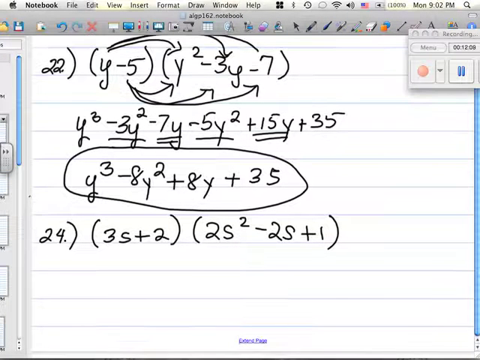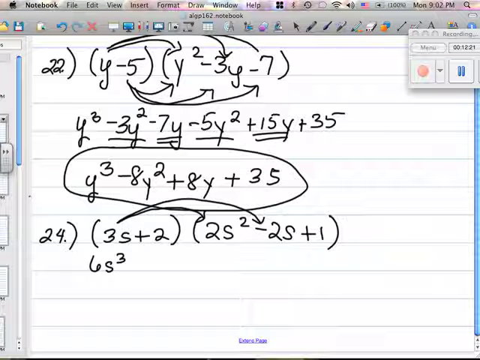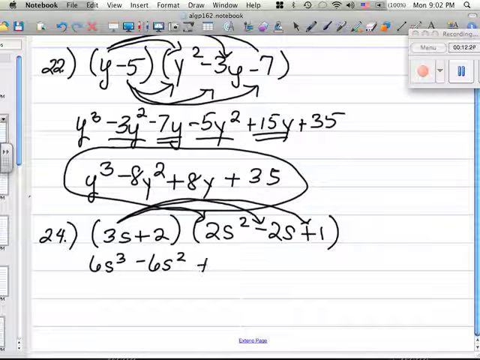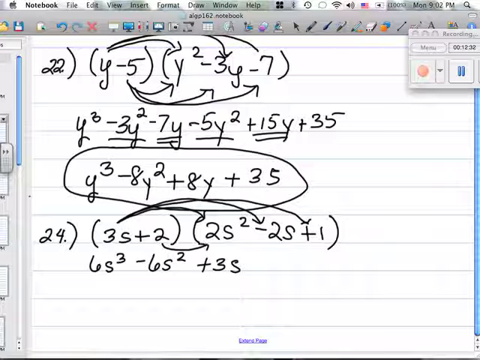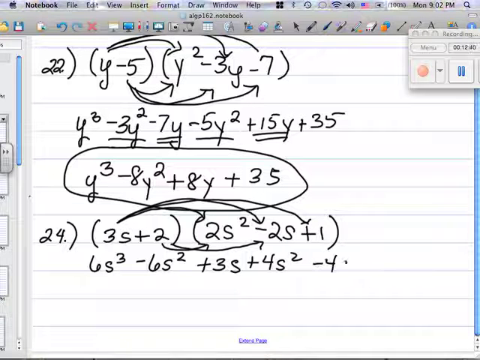Taking the first term times all three of the second trinomial, we get 6s cubed minus 6s squared plus 3s. Going back and multiplying by the 2 now, 2 times 2s squared is 4s squared minus 4s, and then the last two terms plus 2.